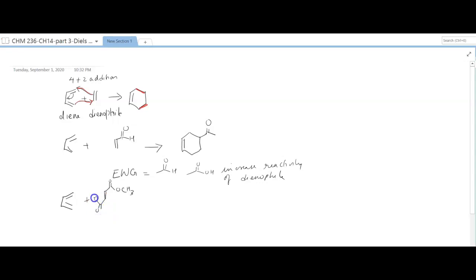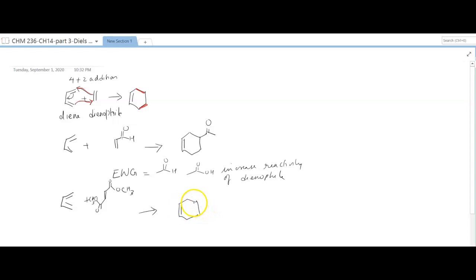But now if you look, I have drawn it in a trans arrangement. So you have the two ester groups arranged trans on this double bond, and the product would again be a cyclohexene.